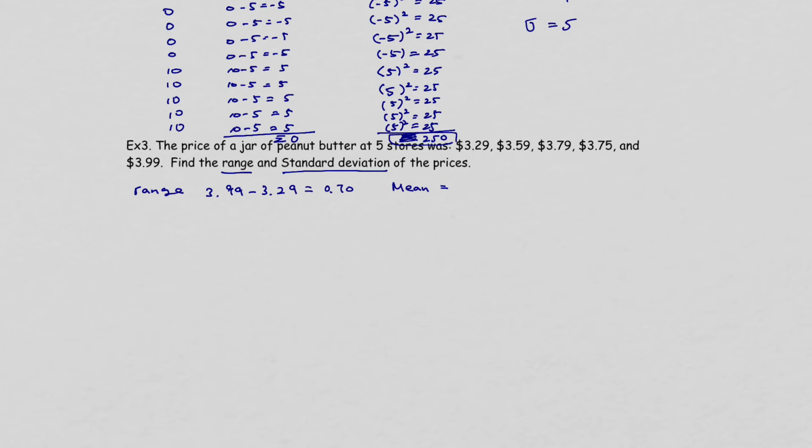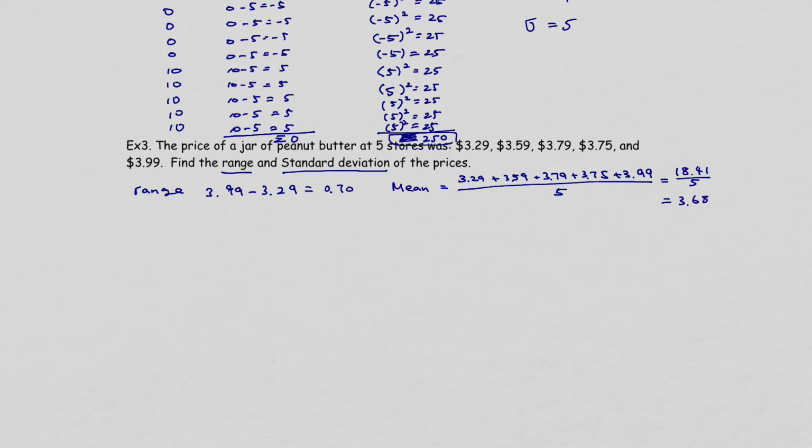The way that you're going to find the mean is adding all the data and dividing that by the number of data. You will get 18.41 on the numerator, divided by 5. Your mean is going to be 3.68.